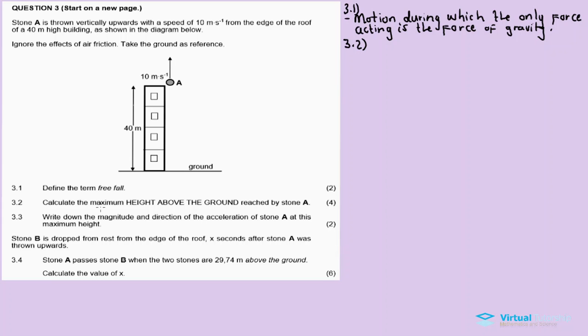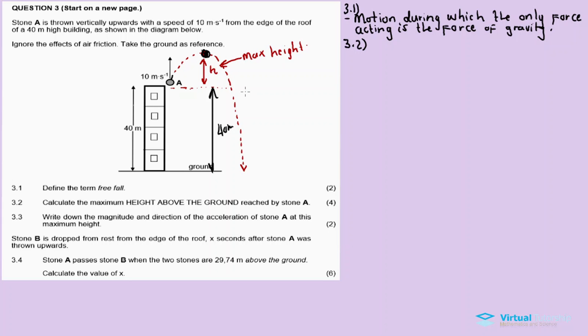3.2, calculate the maximum height above the ground reached by stone A. When the stone is thrown upwards, it will follow a path like this one and reach a height called the maximum height, somewhere here. But they say calculate the maximum height above the ground, so we have to add this 40 meters.